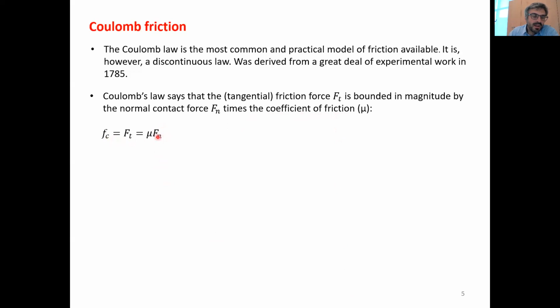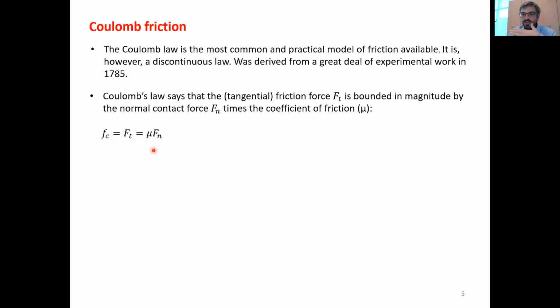So if you have a normal force at the contact, for example applied by the weight of the mass on the surface, we multiply this by a friction coefficient that depends on the kind of surfaces that are facing each other.